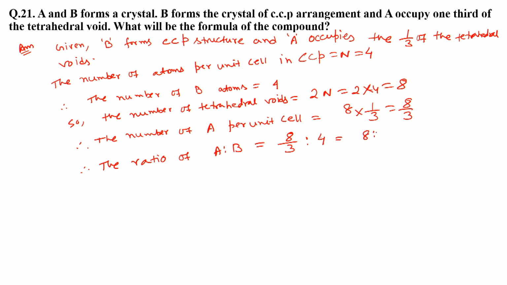So, we get 8 is to 12. So, we get 2 is to 3. Therefore, the formula of the compound is A2B3.